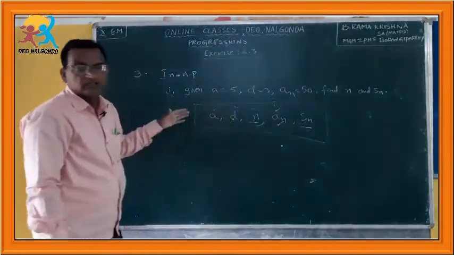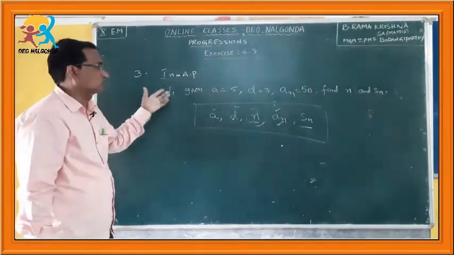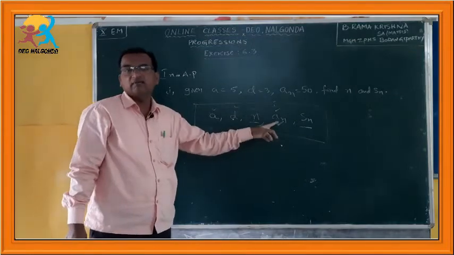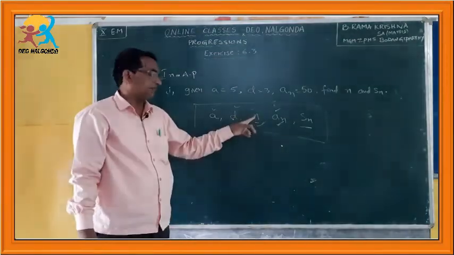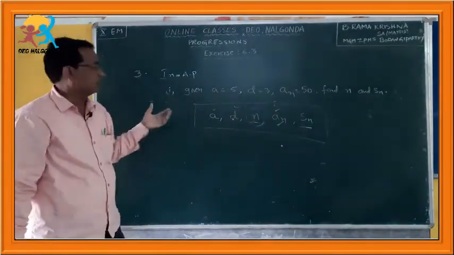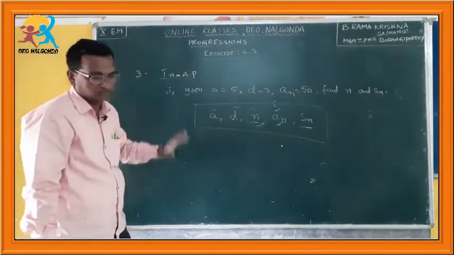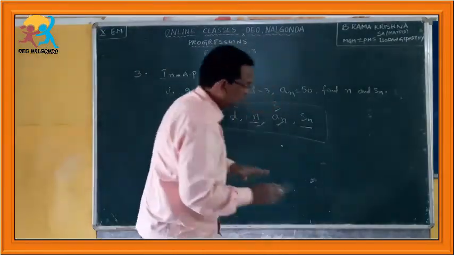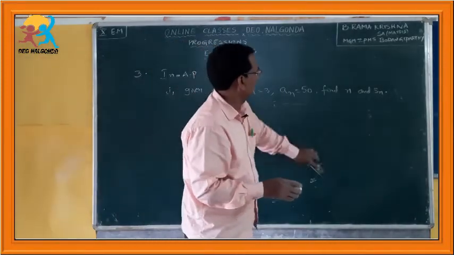In the previous, second problem also, A, D, An were given, n was not given directly, therefore you had to find n and then later Sn. Like that here also. If I solve this problem, you can do the second question problems also. Okay, let us solve this problem now.